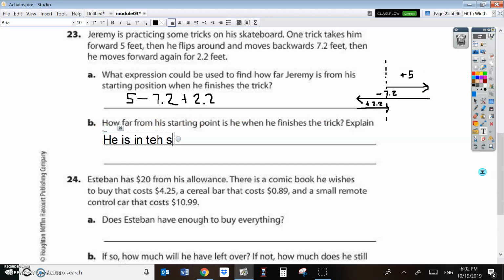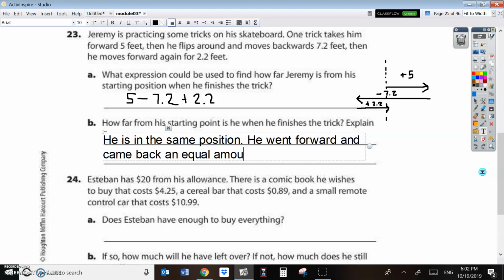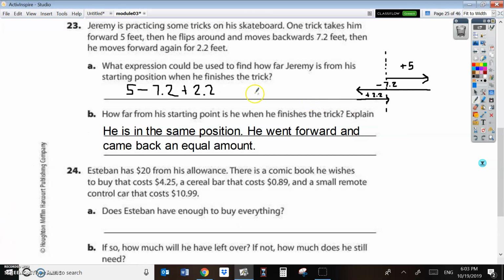He is in the same position, he went forward and came back an equal amount. So just to finish up this problem, we know that this equals 0. So combine these two positives and they're going to equal the same as this 7.2. So they equal 0.